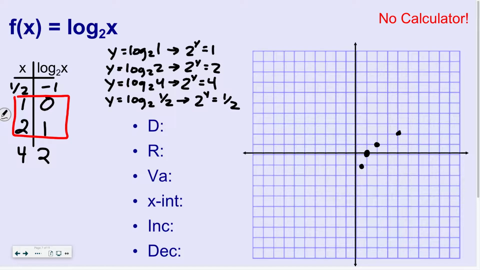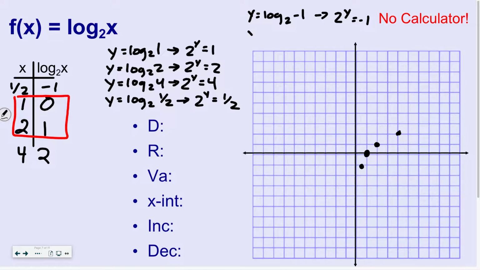If I put in a negative number, like y equals the log base 2 of -1, then I'm asking the question, 2 to what exponent y equals -1? Well, do exponents ever make things negative? No, we know that negative exponents flip them and make them fractions. So we're never going to get a negative answer.